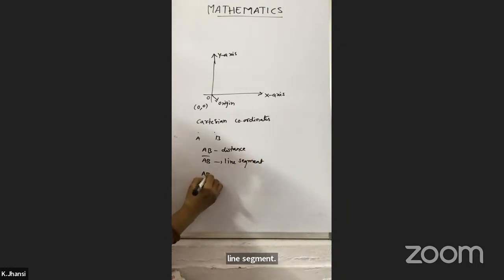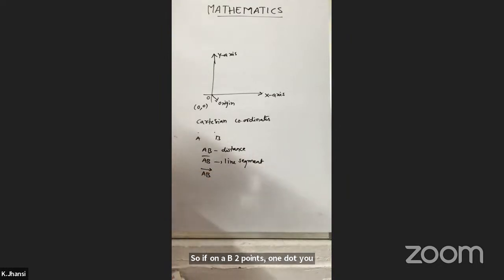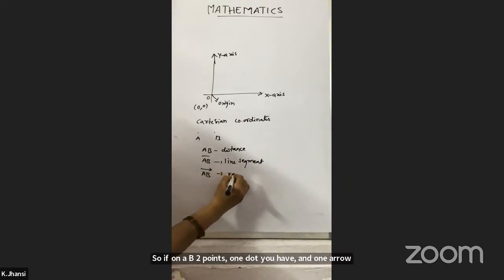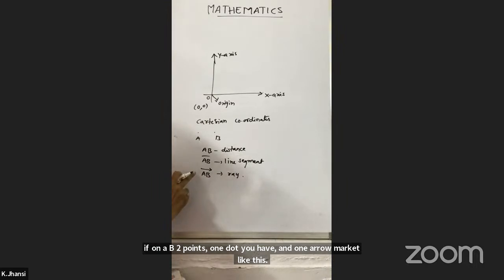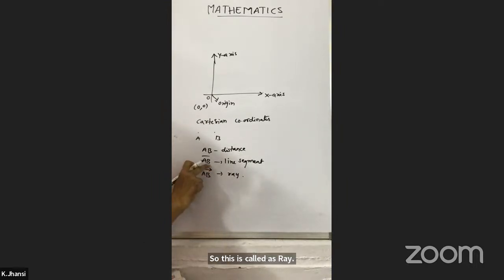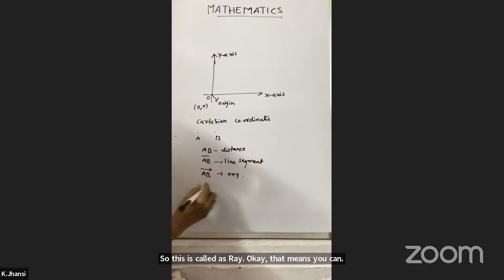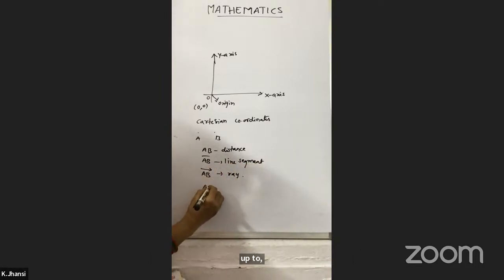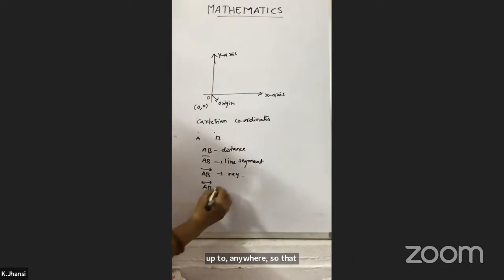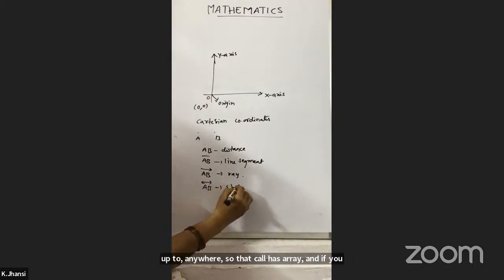If on the 2 points A and B you have one dot and one arrow mark like this, this is called a ray. That means whatever direction the arrow points, you can extend that line up to anywhere. So that's called a ray. And if you have 2 points A and B with arrows at both ends, it is called a straight line.